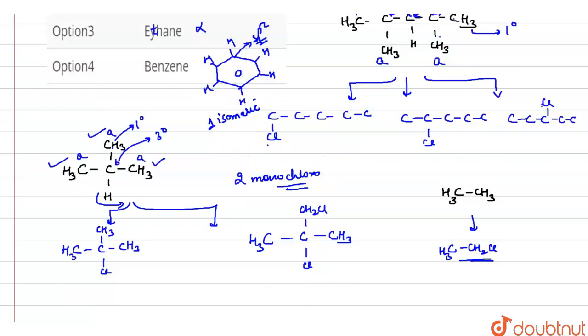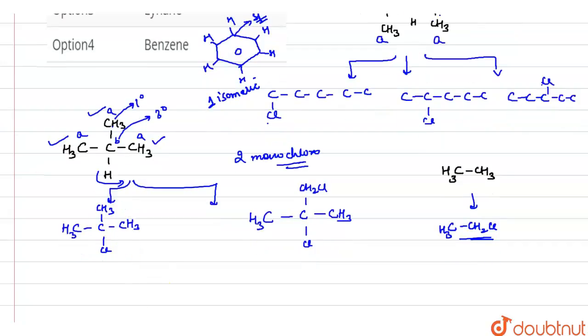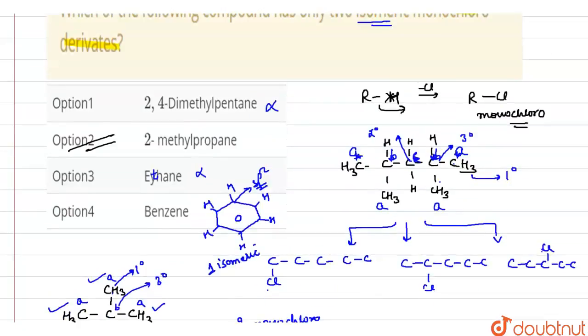Let me show you this isomeric form. Suppose we have a benzene ring, and on monochlorination this type of structure is formed. The chlorine can substitute on any of these positions, it doesn't matter. Only one type of isomer is possible here. So this is also not the answer.